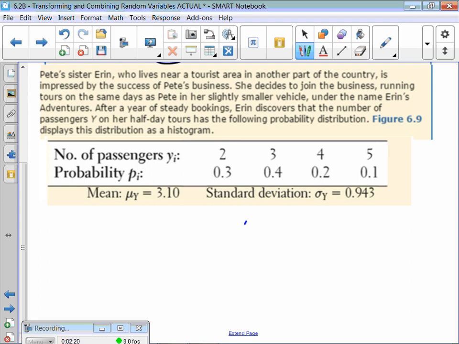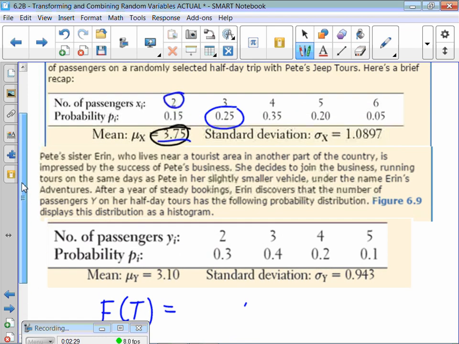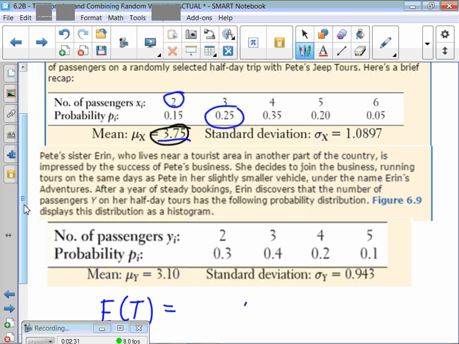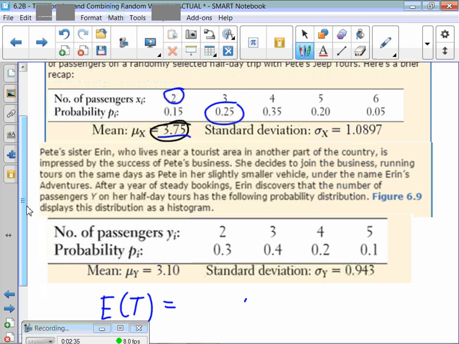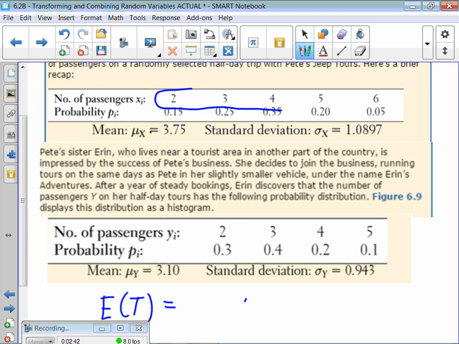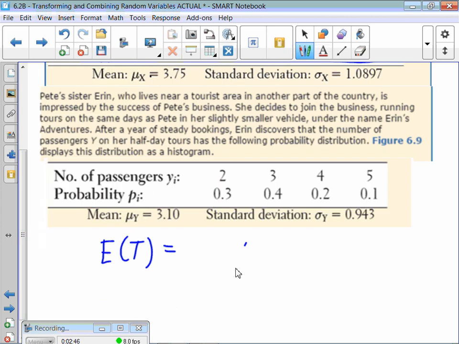So if we want to find the expected value of the total, the expected value of both of these, first of all, what's the range of Pete's Jeep Tours? What's the range of passengers? Yeah, he can have 2 to 6 people in his car. And what's the range of Erin's? 2 to 5.